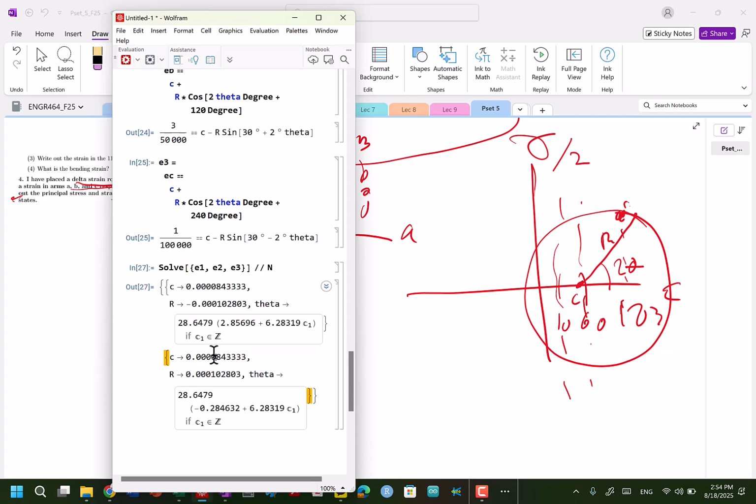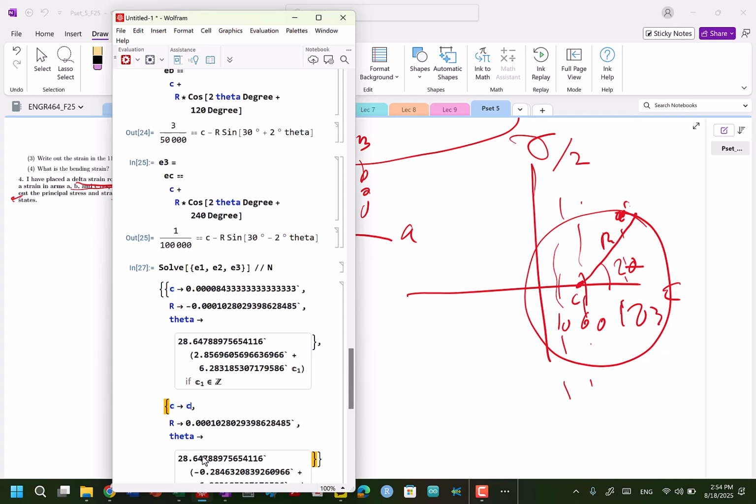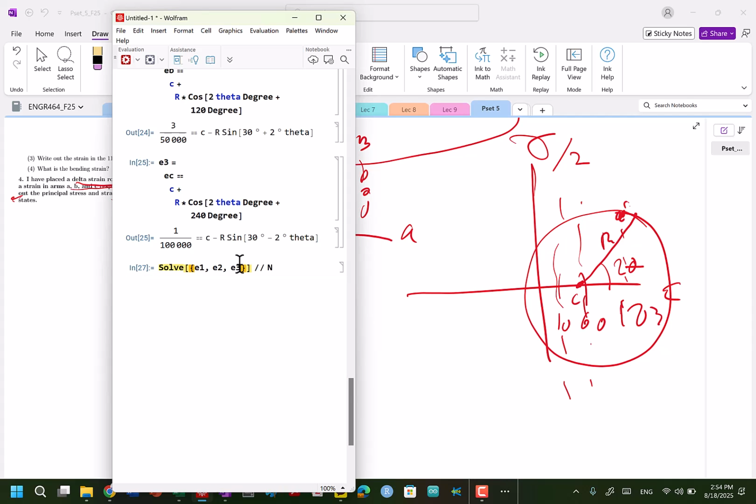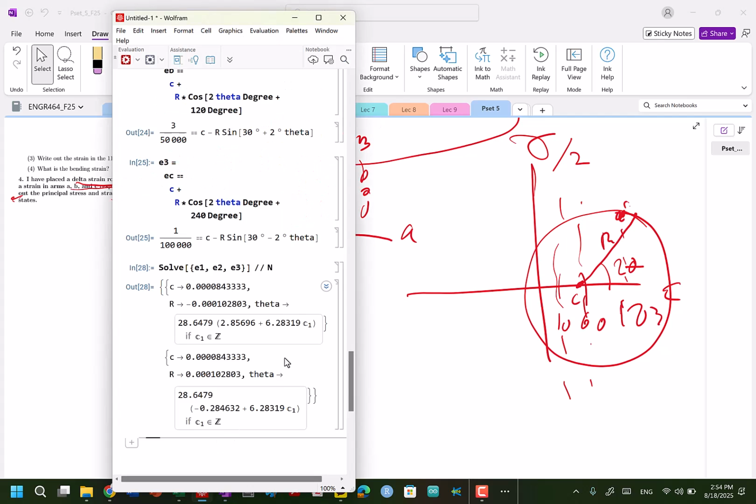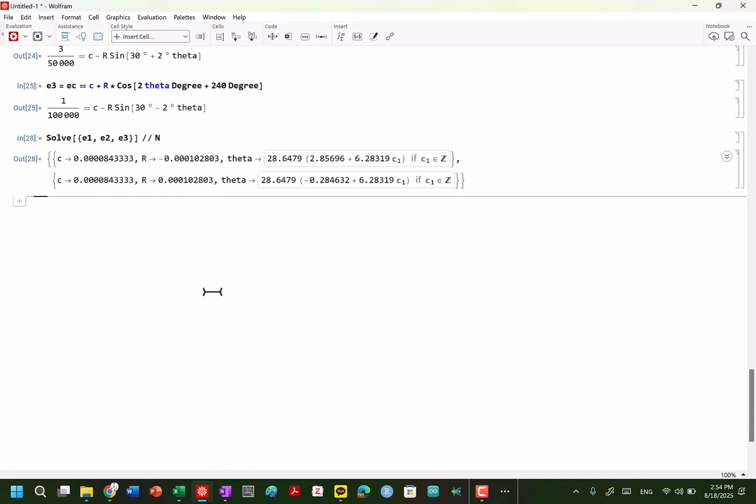That's the nice part. We can actually just reset this. And let me get back over here. And there we go. Here's our C, here's our R, and then we can actually even pull out our theta.